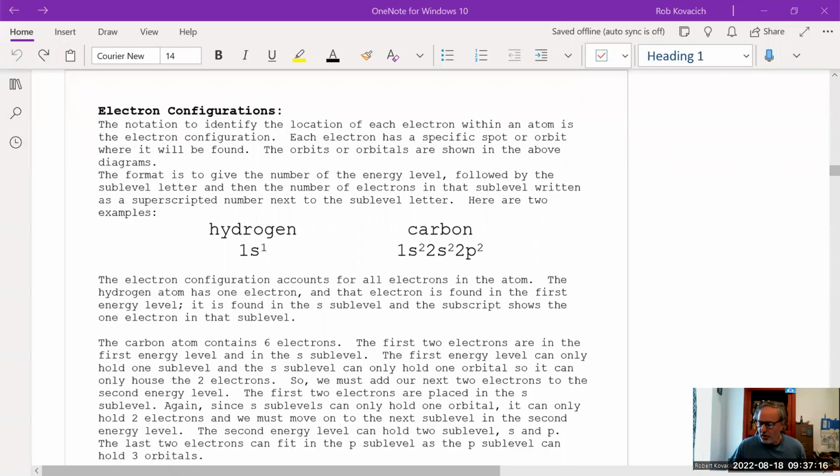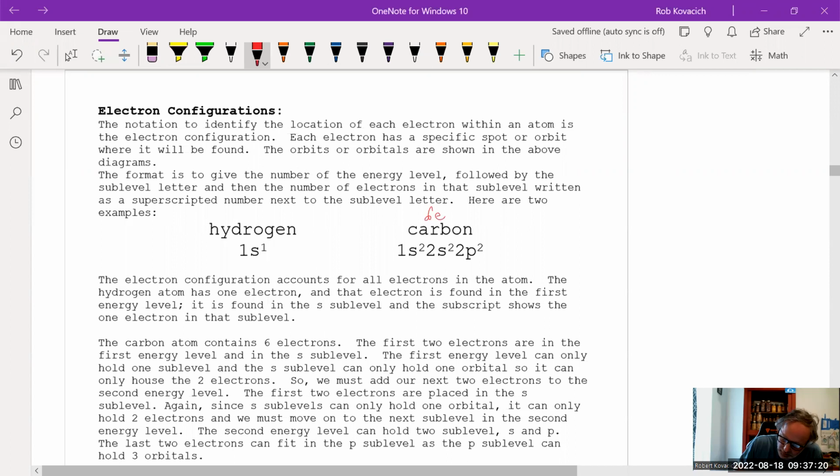So let's write down another electron configuration. So carbon has 6 electrons to deal with. What about nitrogen? Nitrogen is the next one over, so it has 7 electrons to deal with. Okay, so I would write 1s2, and so now 2 of the electrons have been accounted for. 2s2, 2 more of the electrons have been accounted for.